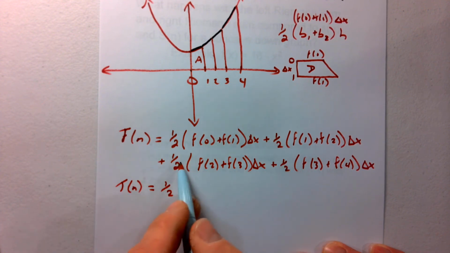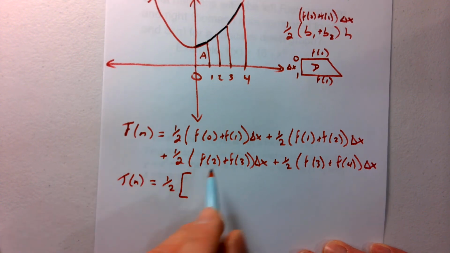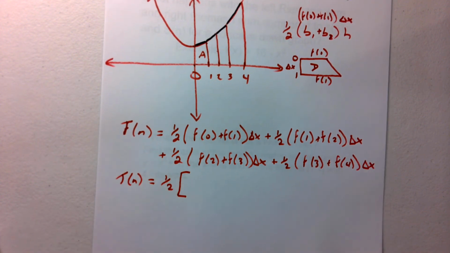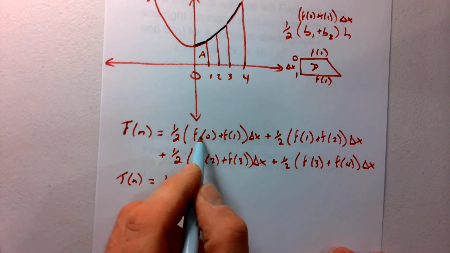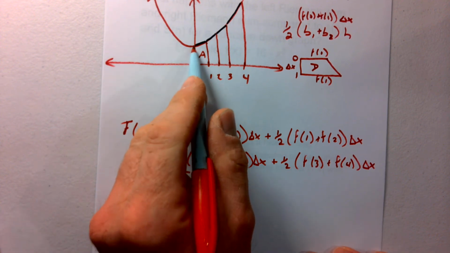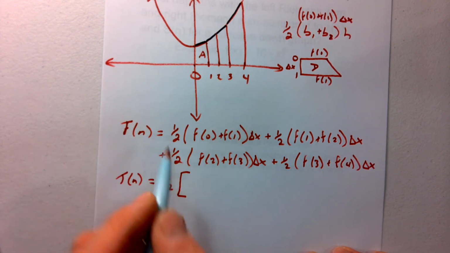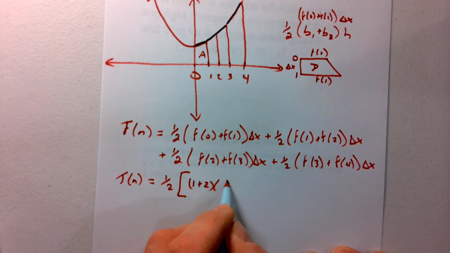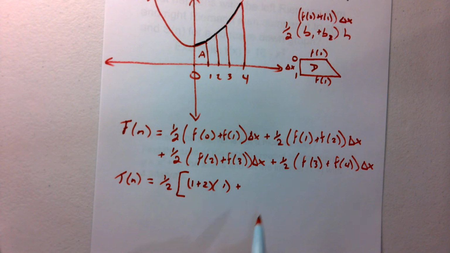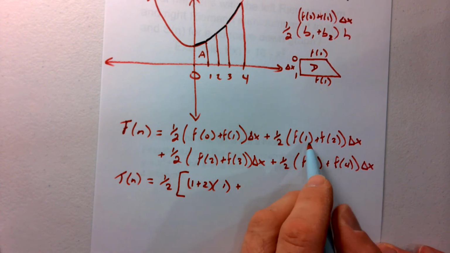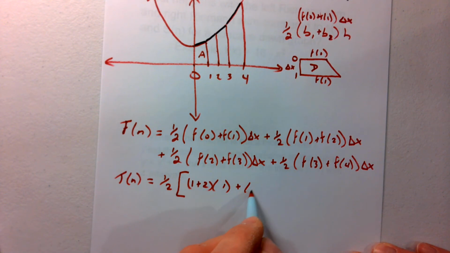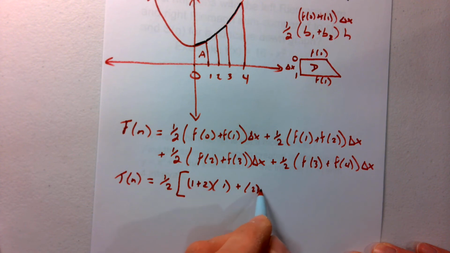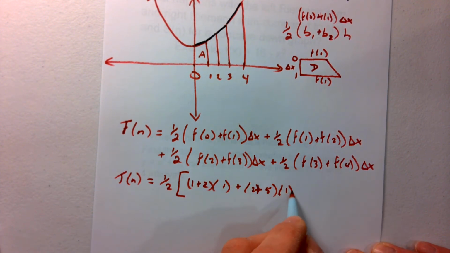I notice that we have a half in all of them, so I'm going to factor that half out for now, and I'm going to bring it back in later on. So f of 0 was 1, and f of 1 is 2, so I have 1 plus 2 times my height of 1. Again, remember I took that half out, so f of 1, which is 2, plus f of 2, which is 5, times my 1.